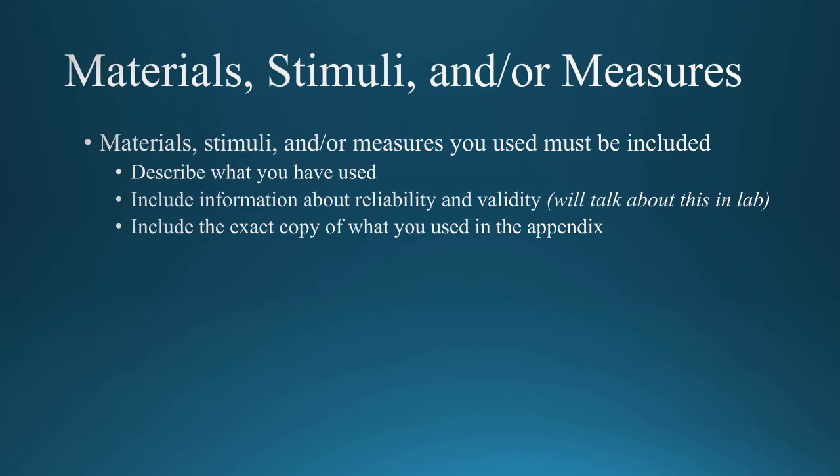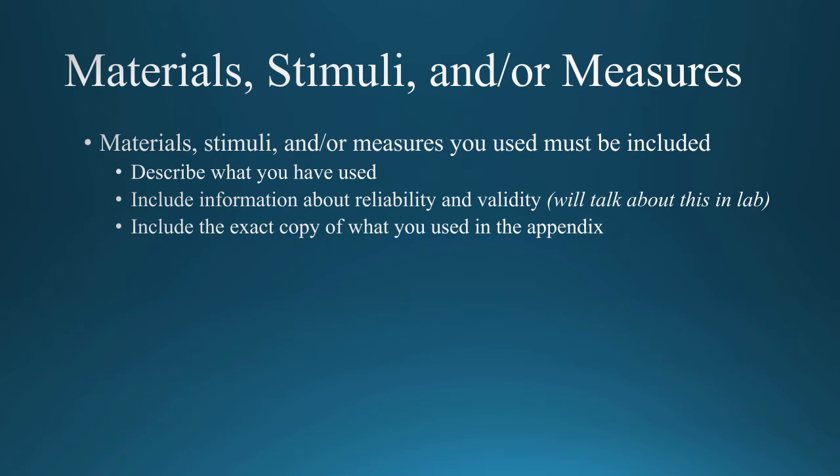Okay. Material, stimuli, and or measures. Whatever you use, you have to include it. You have to describe what it was that you used for your study and include information about its reliability and validity. We will talk about this in lab this week.